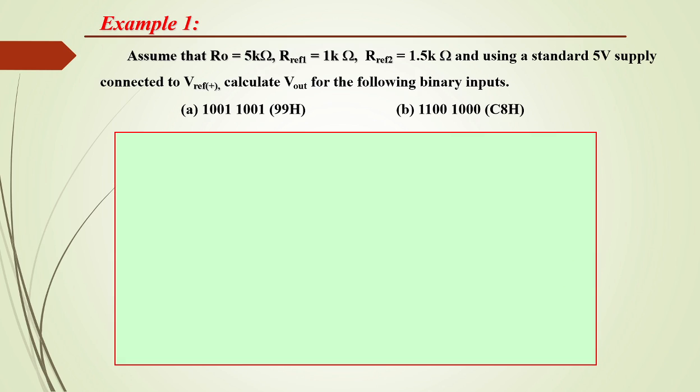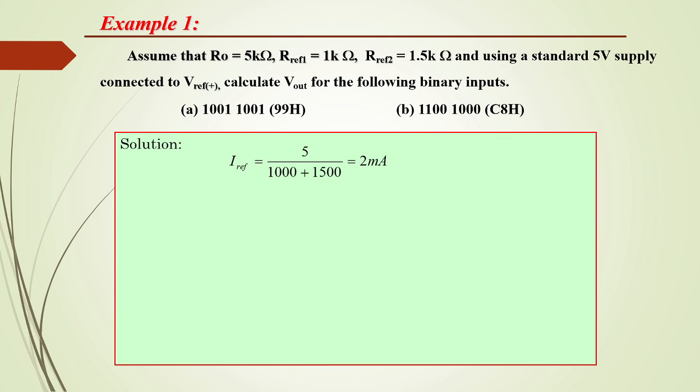To calculate the V out for the given input, we have to calculate the I reference, because I out is equal to I reference into the digital value of the digital input. So first we calculate the I reference.